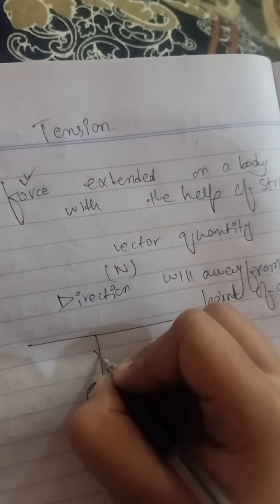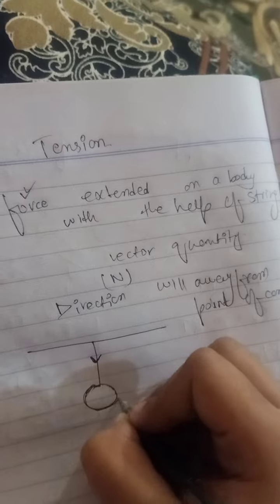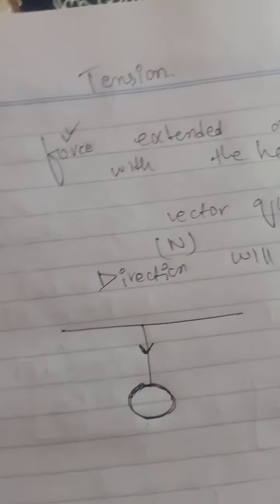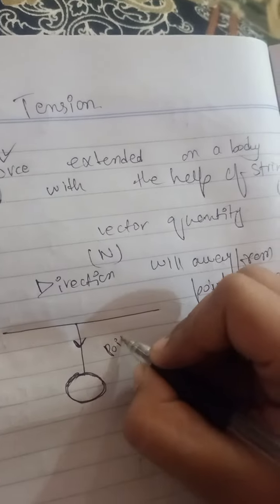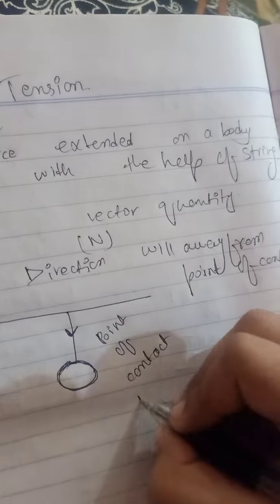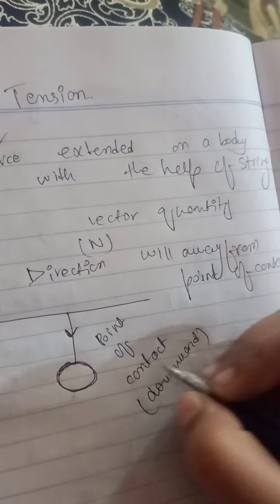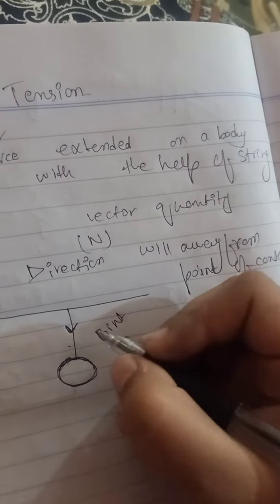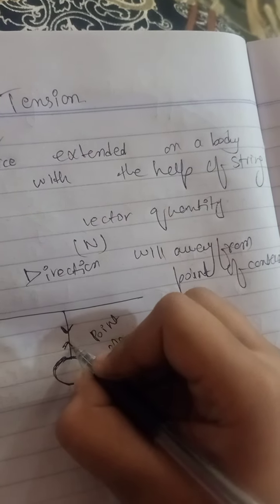If we have a direction that is downward, as you see, the weight is downward, so this is the point of contact that is downward. And we have a tension that is this.